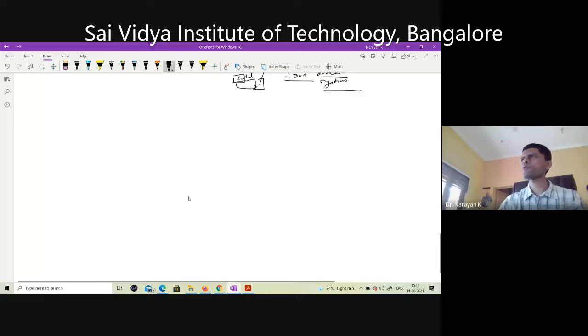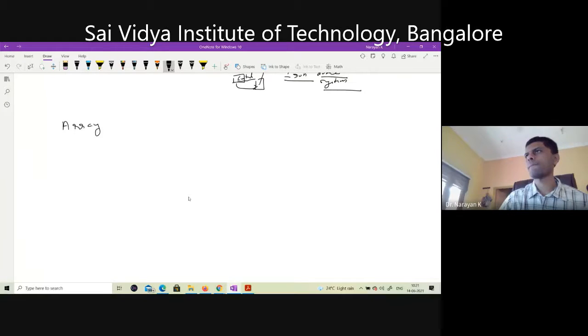So point sources cannot exist singly. In practice, we have what is known as an array of point sources.